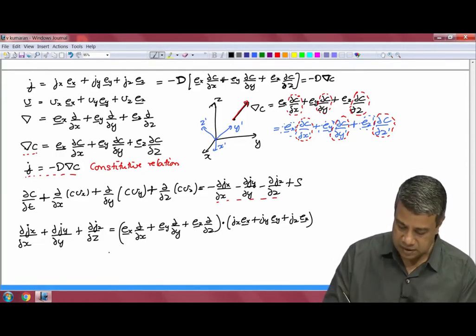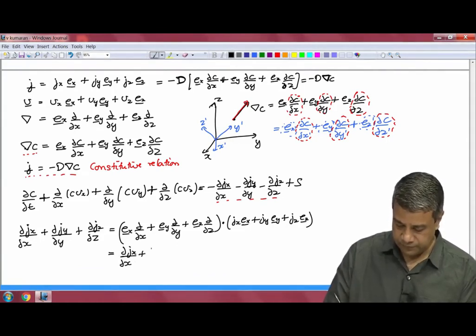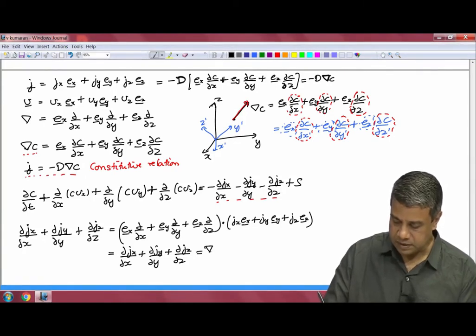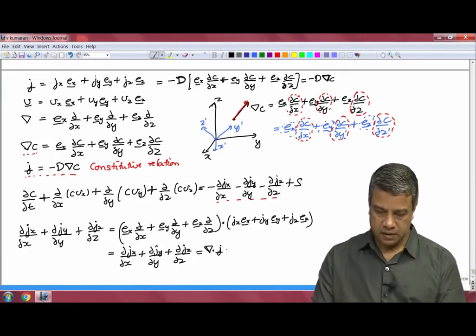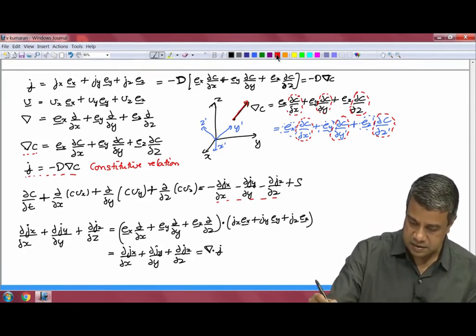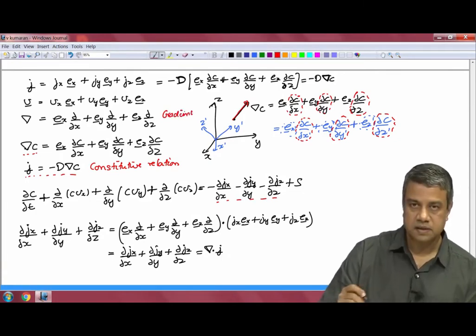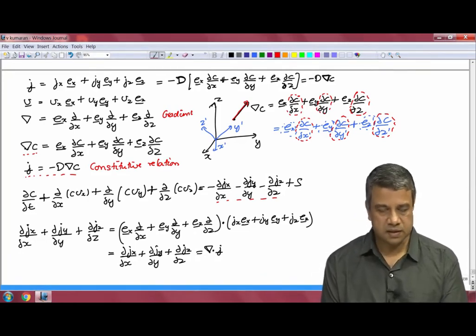And if you use that, you will get the same expression that I have on the left. And this can be written as del dot j, where this gradient operator is the same as this gradient operator. It acts on a vector and results in a scalar.